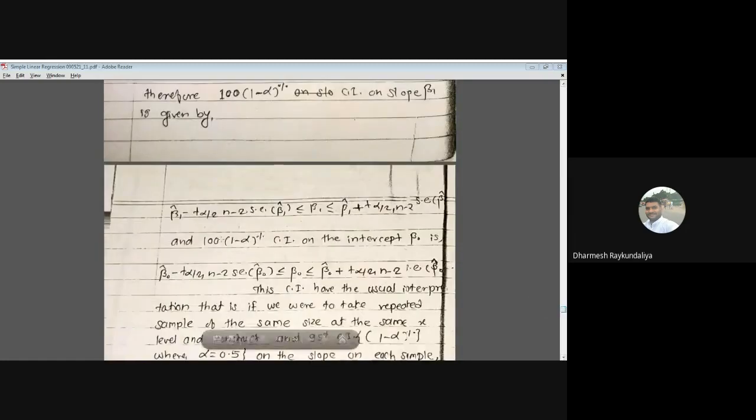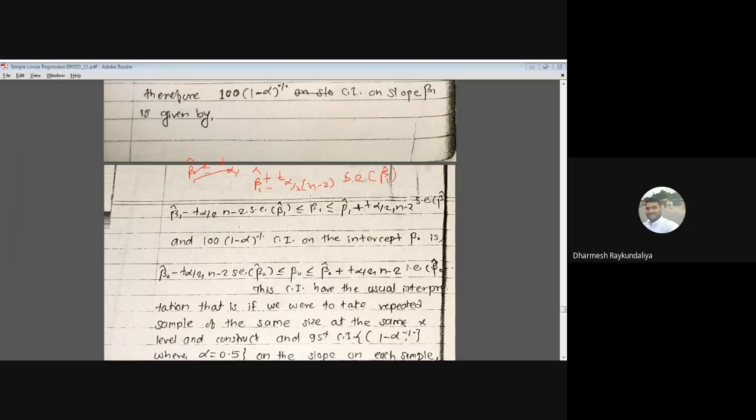for the slope is given by the estimated value of the parameter, beta 1 cap, plus or minus the test statistic value t alpha by 2, n minus 2 degrees of freedom, times the standard error of beta 1 cap.